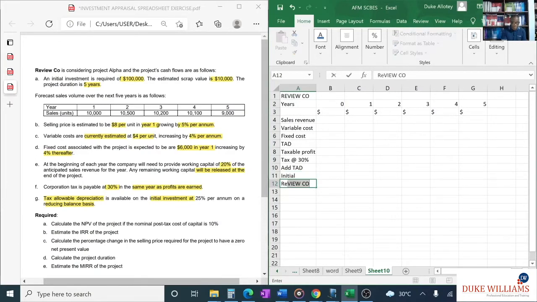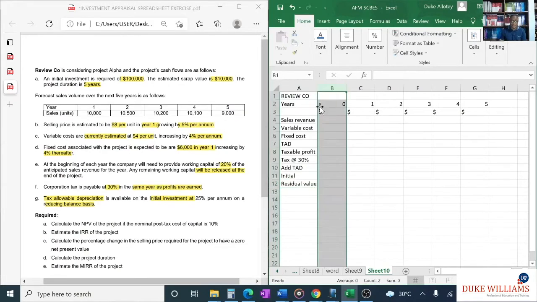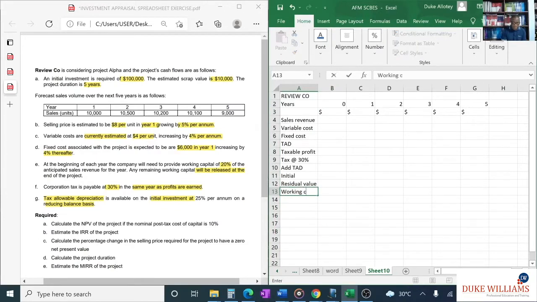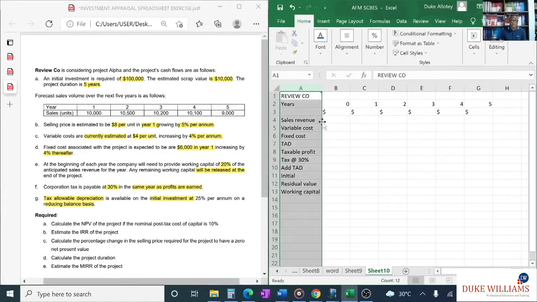Initial residual value or scrap, if you want to call it that way, and then you have working capital. Now, all the sales and revenue, variable cost, and all that will be done through workings, and we'll be referencing and coming back to those sales, telling the marker which workings we need to be referring to, and so on and so forth.